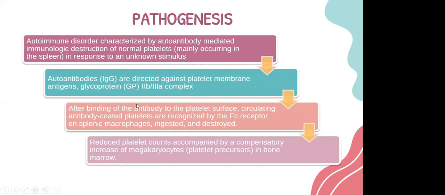After the binding of the antibody to the platelet surface, the circulating antibody-coated platelets are recognized by the Fc receptor on splenic macrophages. Then they are ingested and destroyed. This results in reduced platelet counts, accompanied by an increase of megakaryocytes, which are platelet precursors.